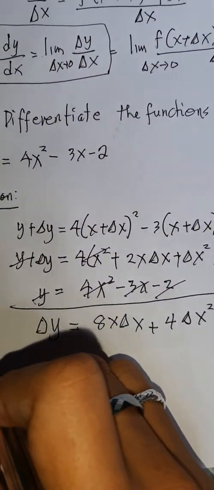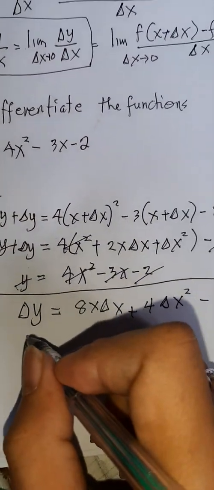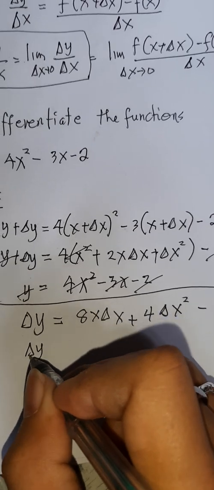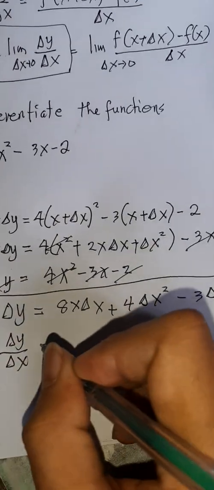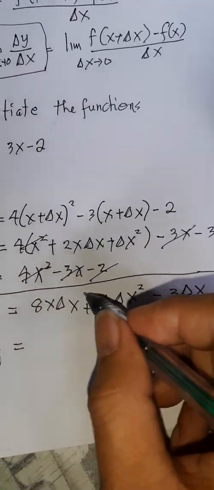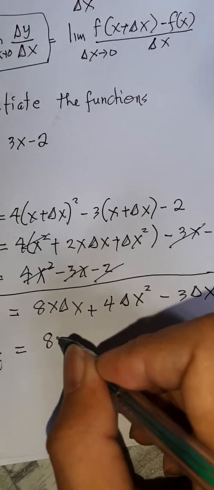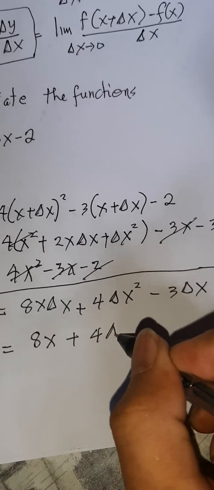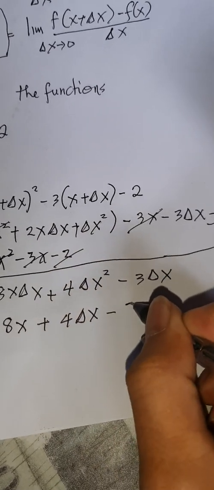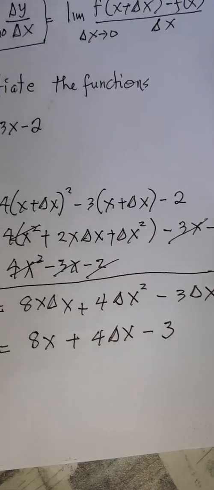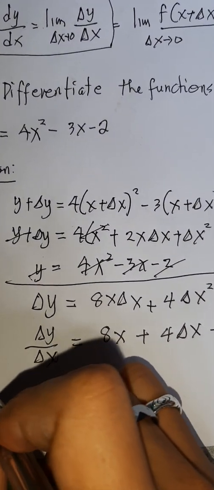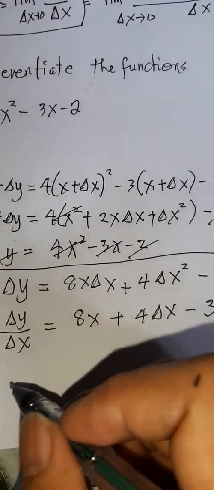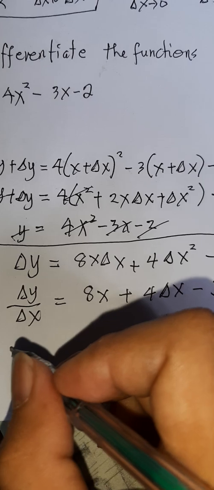Then we proceed to the third step, and that is to divide both sides by delta x. Okay, pag dinivide natin itong delta x, magka-cancel na yung delta x dyan, matitira 8x. Dito may matitira pang isang delta x, then minus 3. Then the fourth step is to evaluate the limit of both sides as delta x approaches 0.